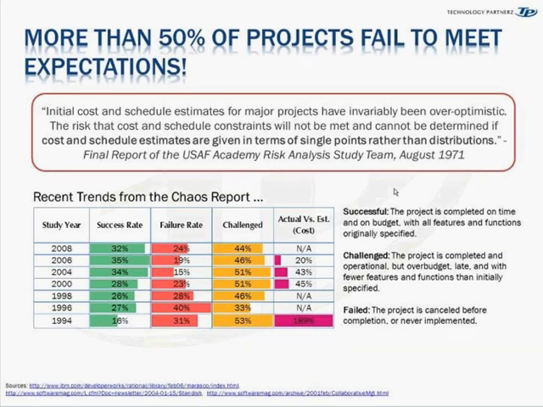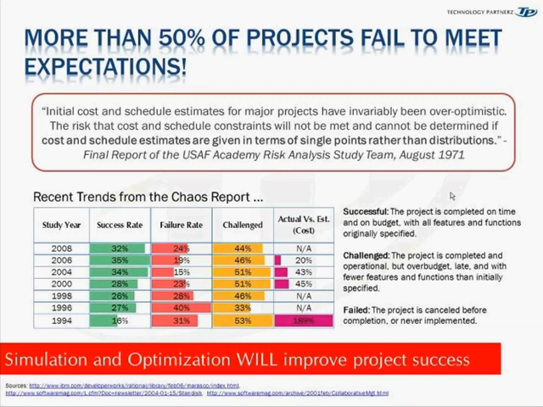And no matter what we've done, we've always been able to kind of address the absolute failure rates, but we haven't been able to really deal with how many projects are challenged. So we have a barrier there, and we need to break it. So simulation and optimization will improve project success.